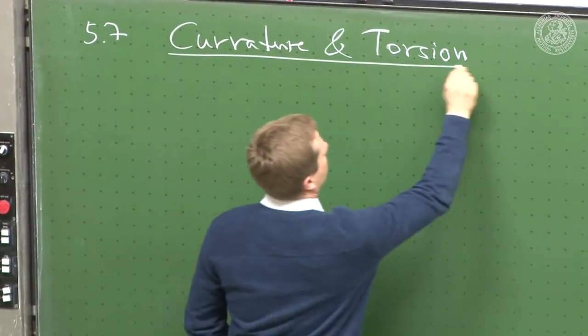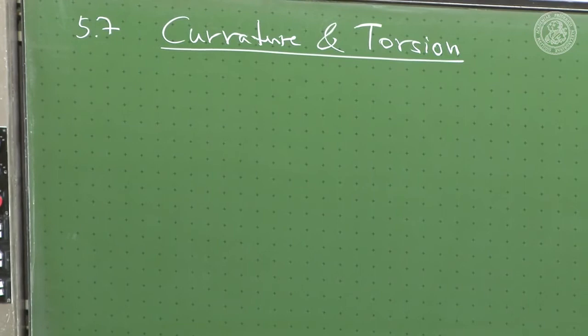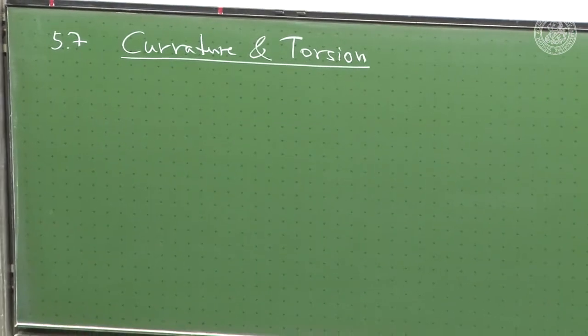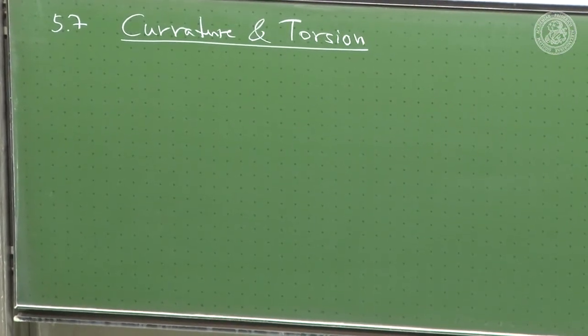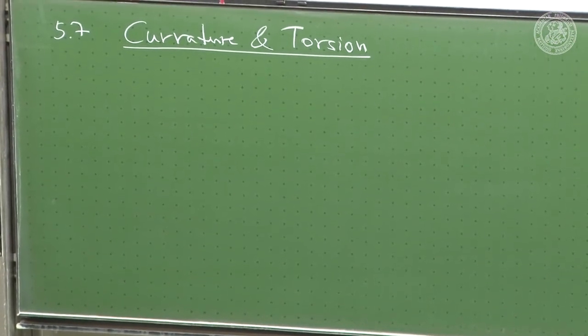In differential geometry, if you look at covariant derivatives on the tangent bundle or on the frame bundle, curvature and torsion are usually mentioned together as properties of a covariant derivative.